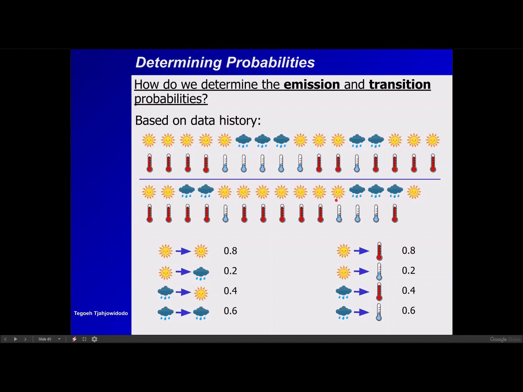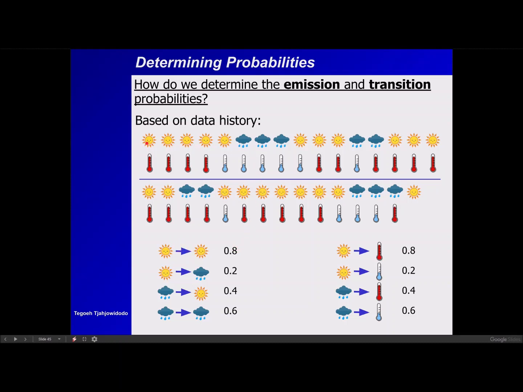So I have 20, and 16 out of 20 is 80%, so there is a probability of having tomorrow sunny, given that today is sunny, of 80%.